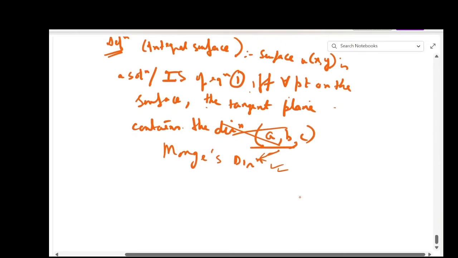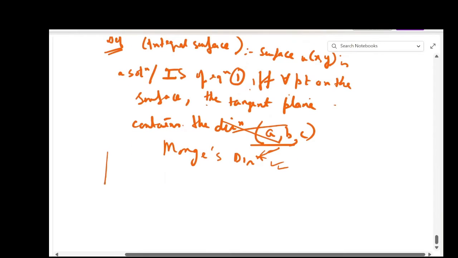Now, using this Monge's direction, you can easily understand if I consider 3D. Sorry, let me draw it separately. Here, you are considering any three-dimensional curve, not in the xy plane anymore. I am talking about xyu space.